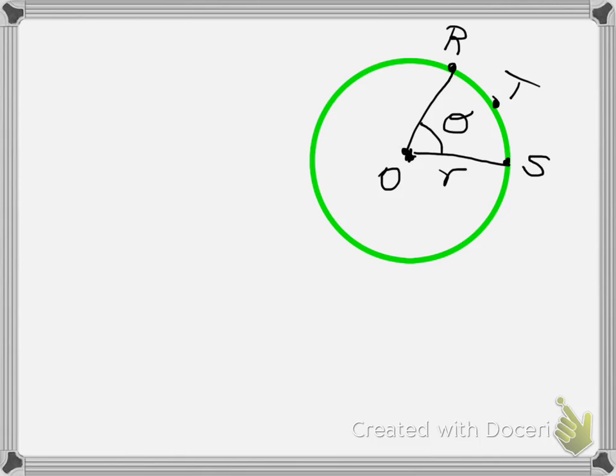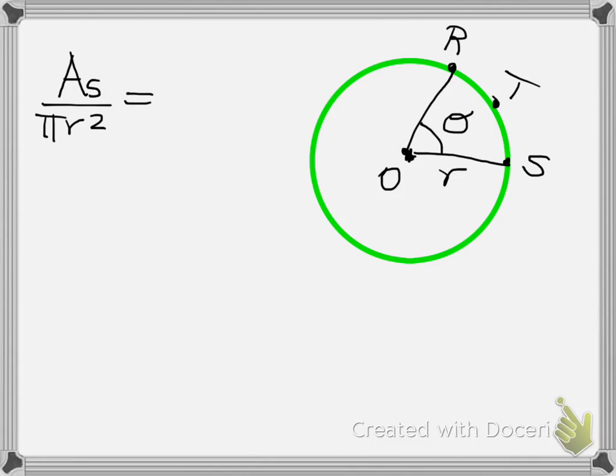And so we're going to set up a proportion to find the area of the sector. First we're going to compare it to the area of the whole circle. The area of the whole circle is equal to pi r squared, that's how you find area. And it's in direct proportion to the area of the sector.